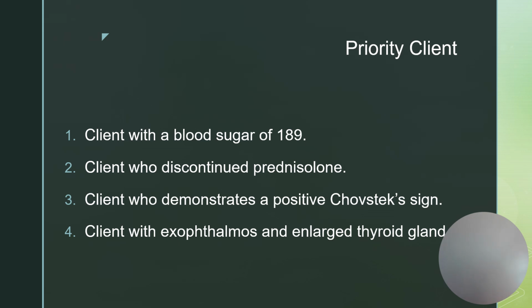If a client discontinues that without following the appropriate tapering orders, or they discontinue it abruptly, it can throw them into an Addisonian crisis. They can have life-threatening issues. We need to see that client first. However, number 3 is also urgent, but not emergent.